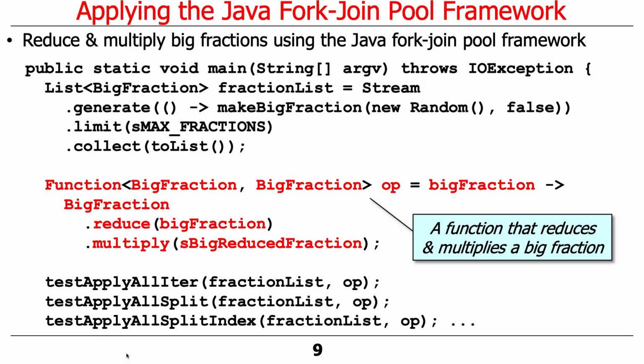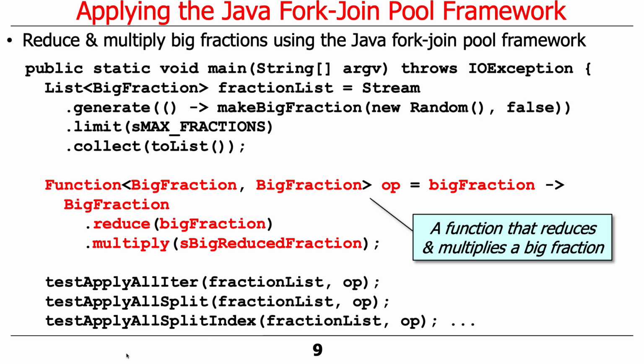The next thing we're going to do is create a Java 8 function that will reduce and multiply each of the big fractions. So we take in a big fraction, one of the things in this list, and we first reduce it, so it becomes a reduced fraction, and then we multiply it by some big constant.